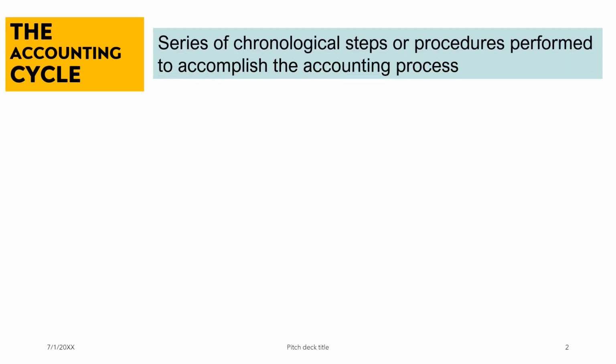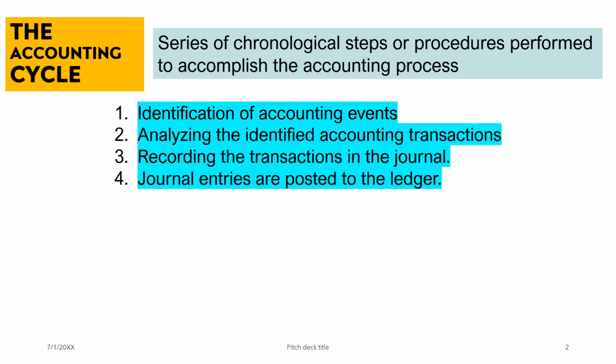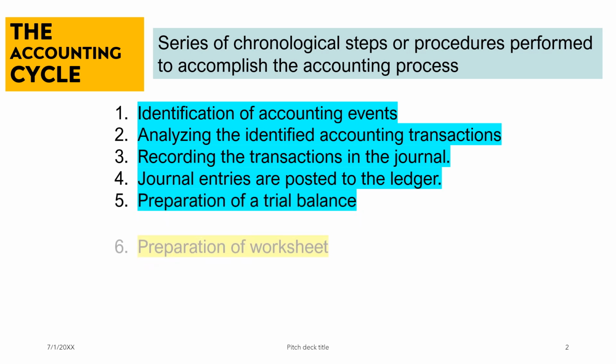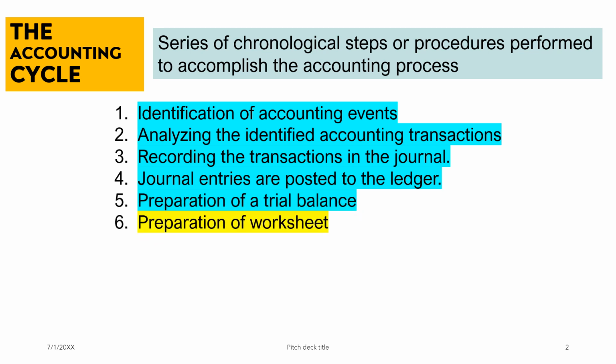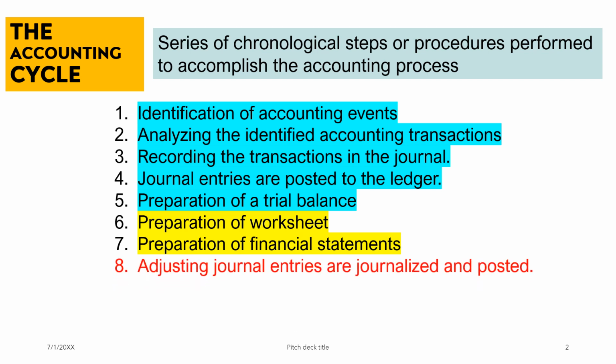Let us revisit again the accounting cycle. So far, we already discussed steps number 1, 2, 3, 4, and 5, and part of step number 6, which is about preparation of the worksheet. As mentioned, we will continue the discussion about preparation of the worksheet in today's session, and then we'll follow with the preparation of financial statements up to step number 8, which is adjusting journal entries journalized and posted.